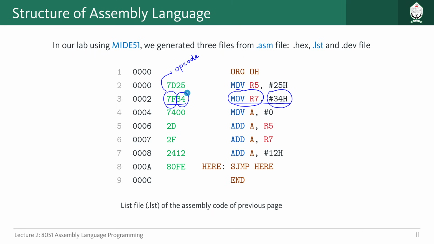Now for this machine code, this one, just 34, is called the operand. But in the case of assembly language, only this portion is called the mnemonic, and both of these, this one and this one, are called operands.